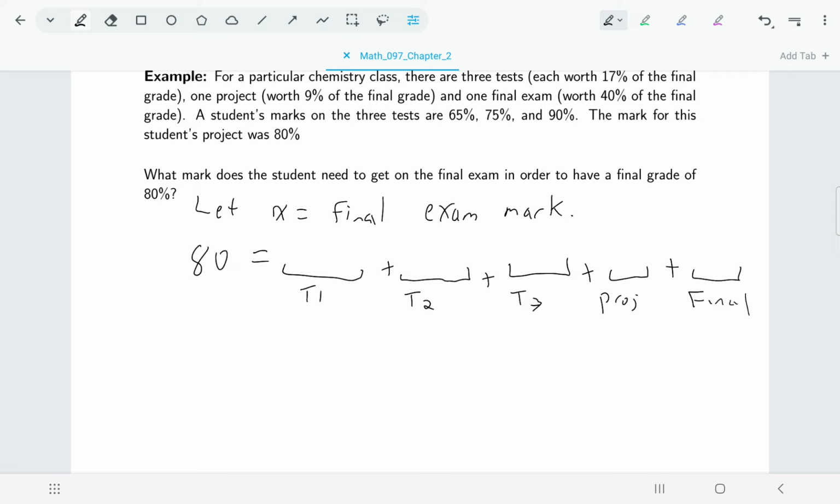Now, for test 1, you scored 65%, and that is only 17% of your final grade. So what are you getting from your test 1 mark? You're getting 17% of that 65. And same thing for test 2. It's worth 17%, and you got 75% as your mark, so you're going to be getting 17% of that 75.